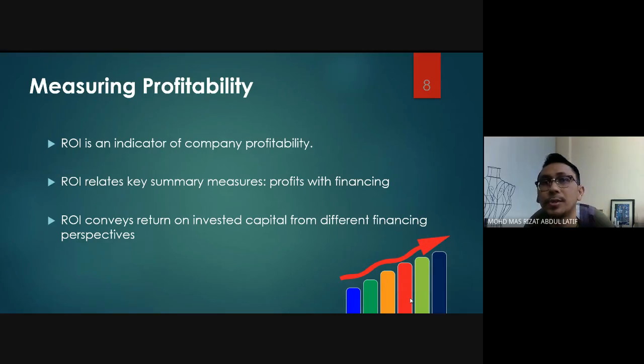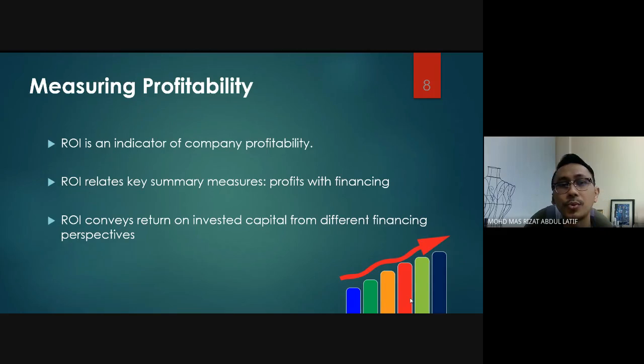Yes, we have the GP margin, we have the net profit margin. Okay, fine. But if you want to look at overall performance, then you can use ROI in terms of to measure the company's profitability as a whole. Okay, so that will be the relationship. Right?